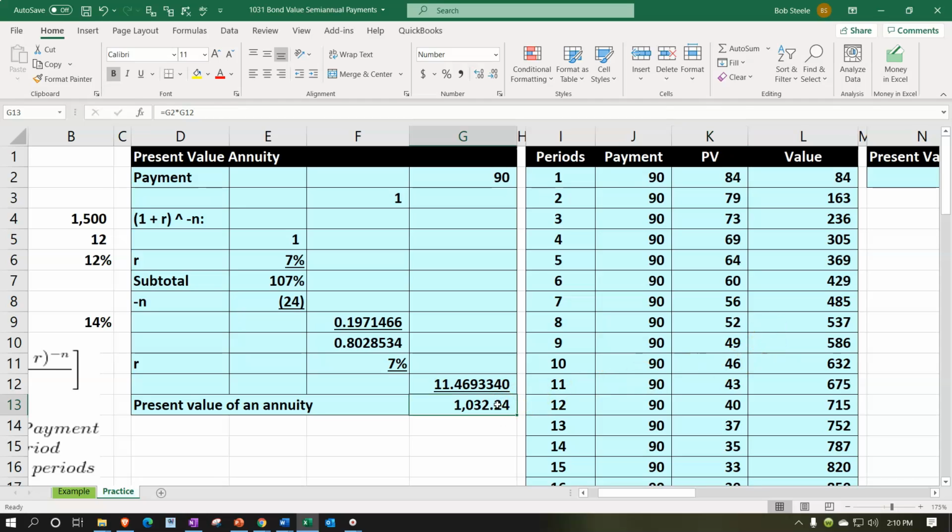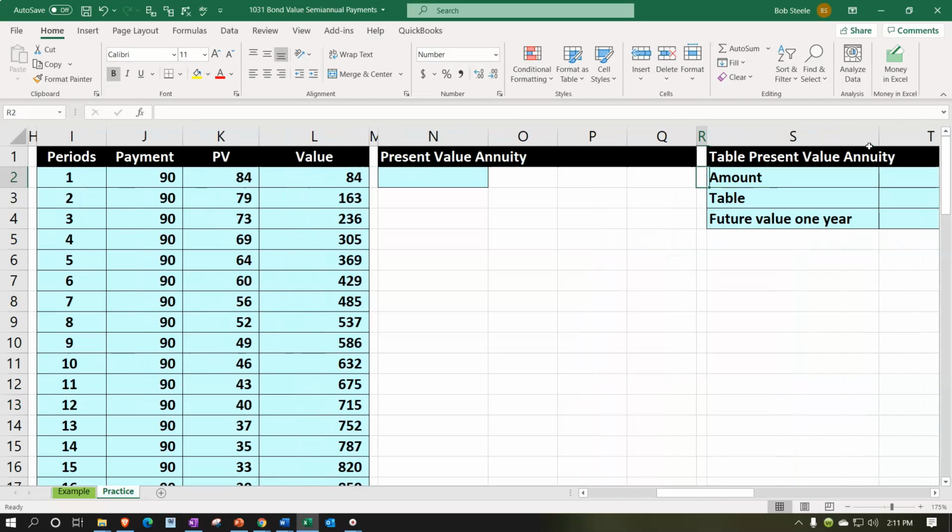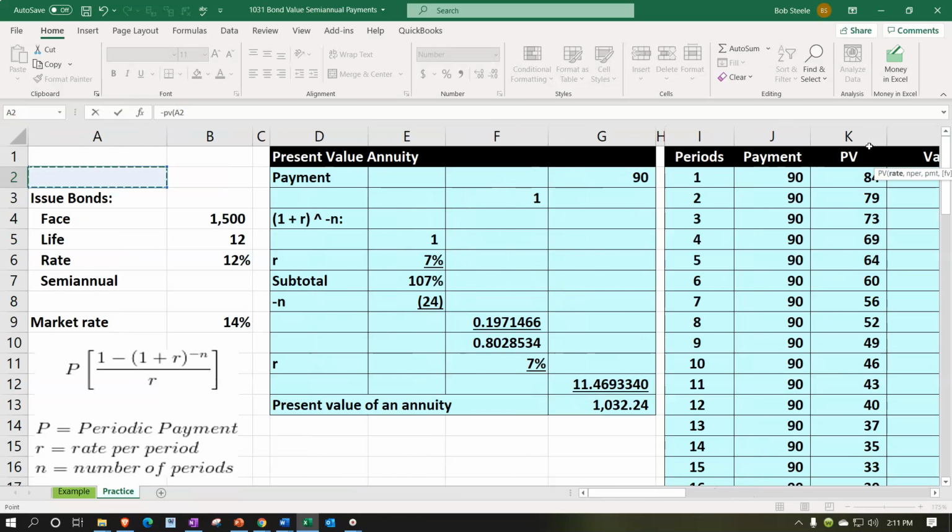Let's do the annuity calculation here, getting to this number now the easy way, using the formula, noting that we have to pick up the proper numbers with regards to the semi-annual payments, so negative present value, this time the annuity formula. Rate is going to be then that 14 divided by 2, comma.